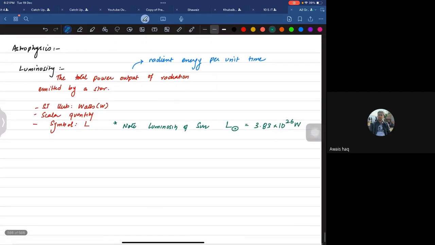Then comes something called radiant flux. Now, this is so important.